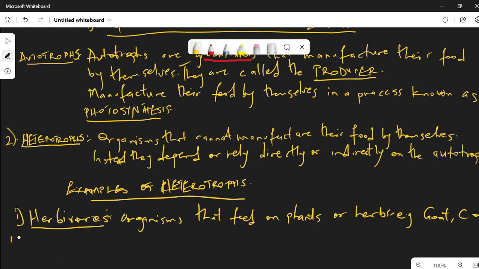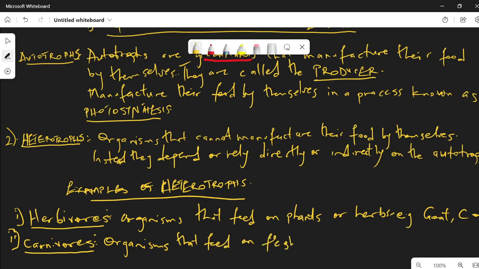So that is one. Number two, we have the ones that we refer to as the carnivores. Carnivores are organisms that feed on flesh.